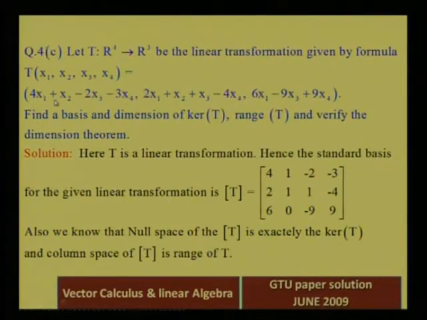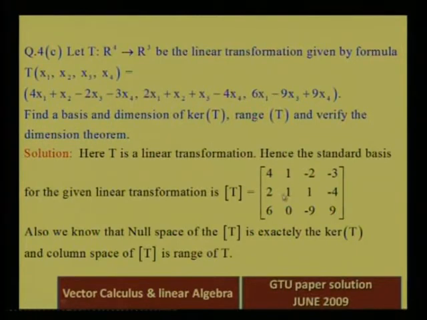What is the coefficient of x1, x2, x3, x4? 4, 1, minus 2, minus 3. So this first row is coming from the first coordinate.